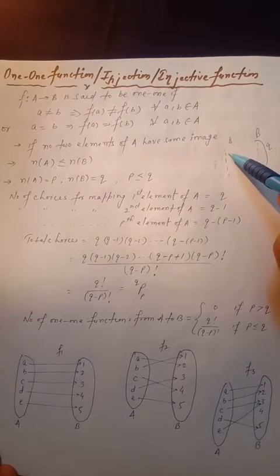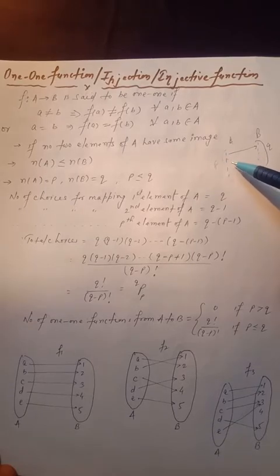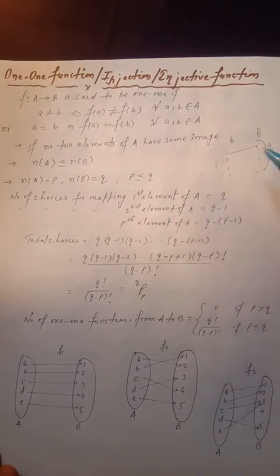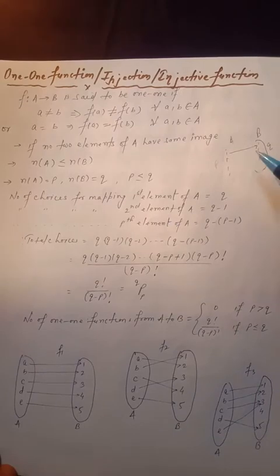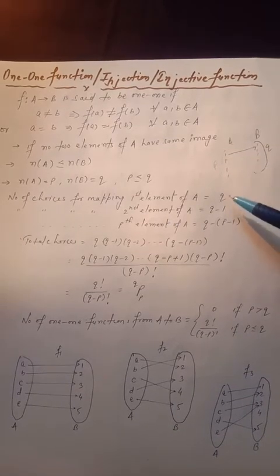Once this first element is related with an element of set B, now the remaining elements are q minus 1. So number of choices for second element of set A is q minus 1. Similarly for third element number of choices are q minus 2.